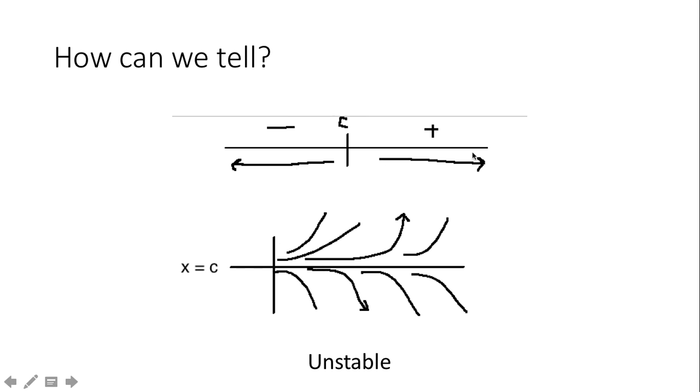So let's say over here, if it's positive, it's going to go right, that means it's going away from the critical point. You can see from this graph, if it's greater than c, it's going to go away from c, and if it's less than c, since it's negative, it's going to go away from c as well, and that's what we call unstable.